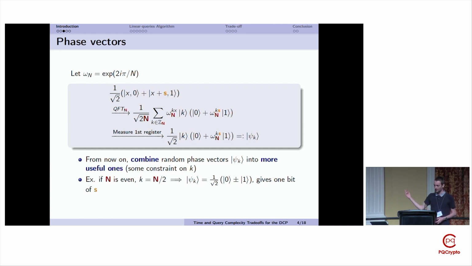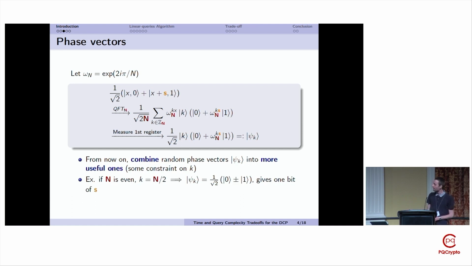Now, actually, the algorithms that solve DCP, they have to do something else first. They have to convert these vectors into what we call phase vectors. So phase vectors are going to encode some information about the shift s into a phase, which means an amplitude which is of modulus 1.